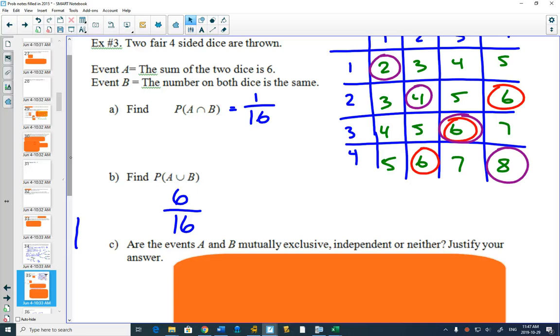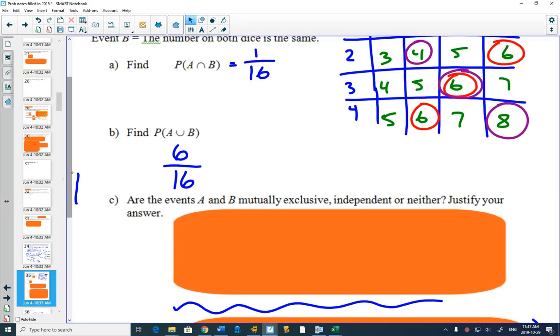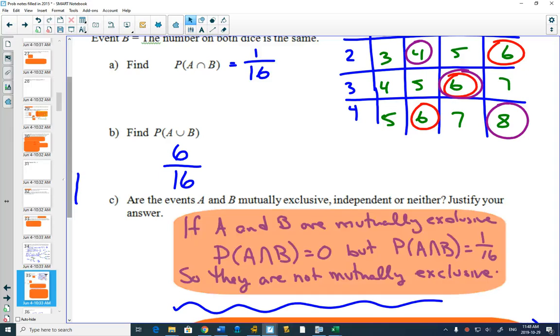And this is where independent and mutually exclusive sometimes get confusing. I often say that independent usually works, as far as the formulas go, when you have one event and then another event happening after. That's the easiest time to see independence. When something happens the same time, then it's harder. Are these events mutually exclusive, independent, or neither?